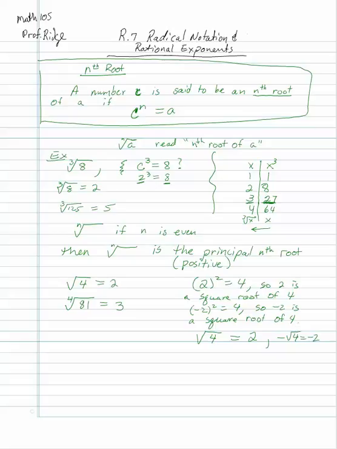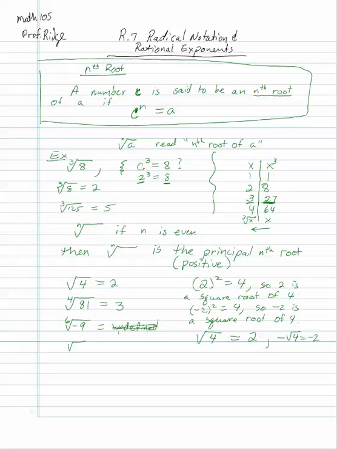Now if I did the sixth root of negative 9, that's undefined, because if it's an even power, even index, you can't get a real number to an even power to be equal to a negative. So that's still true too, just like for square roots.